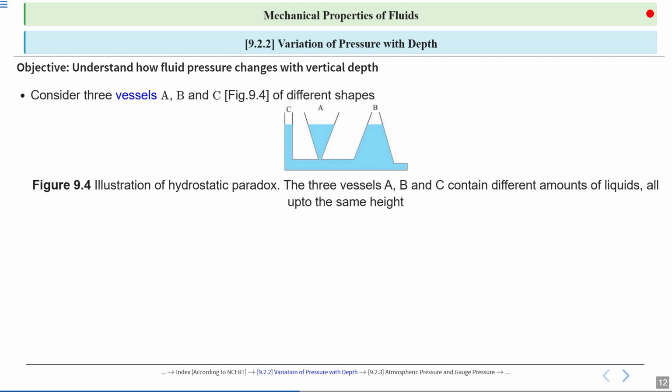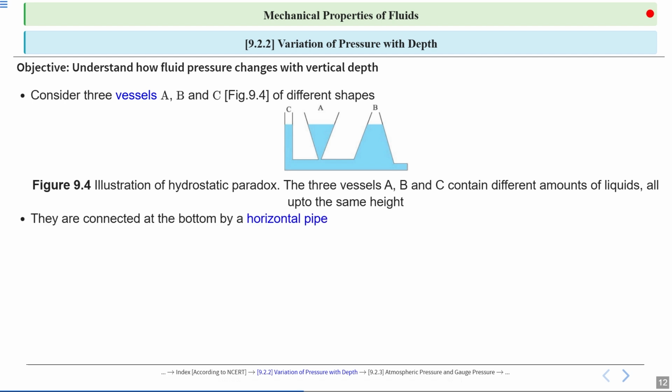Illustration of hydrostatic paradox. The vessels A, B, and C contain different amounts of liquid, all up to the same height. So, although they have different shapes, they are filled with the liquid up to the same height.